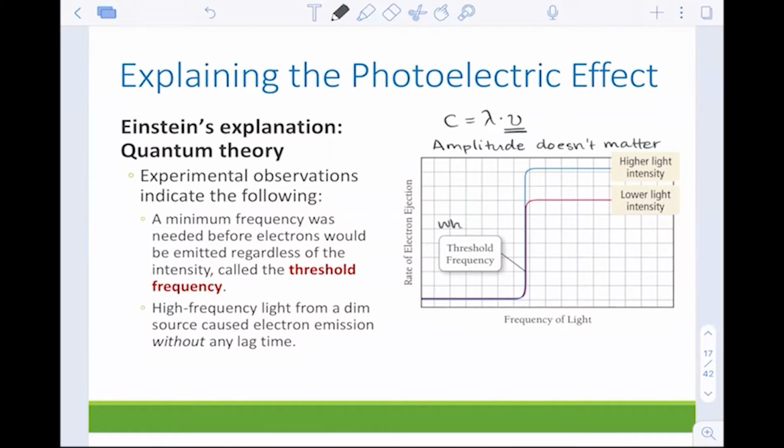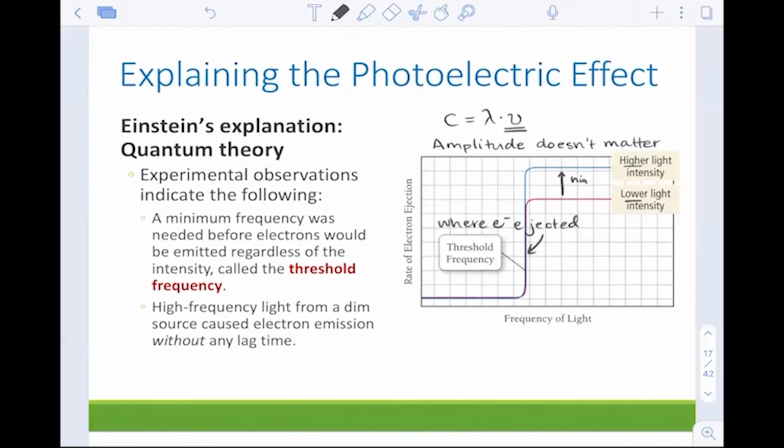That's what he called the threshold frequency. Right there, using a high intensity light or low intensity light, the threshold frequency was the exact same. There wasn't a lag time. It occurred right at the same amount of time. The only thing that was different was a brighter light caused the electron to have a higher kinetic energy when it was ejected.